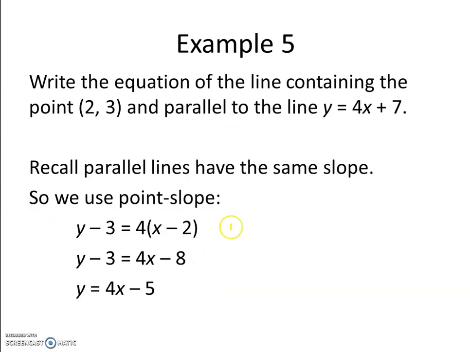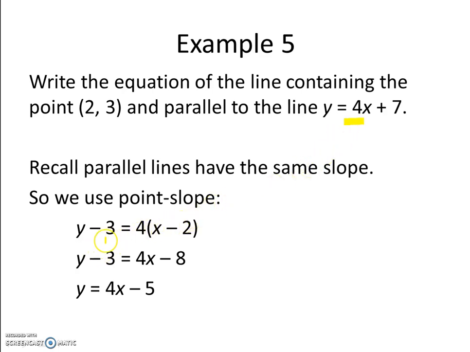On example 5, we were asked to write the equation of the line containing the point (2, 3) and parallel to the line y equals 4x plus 7. Recall that parallel lines have the same slope, so our slope for our equation is 4.